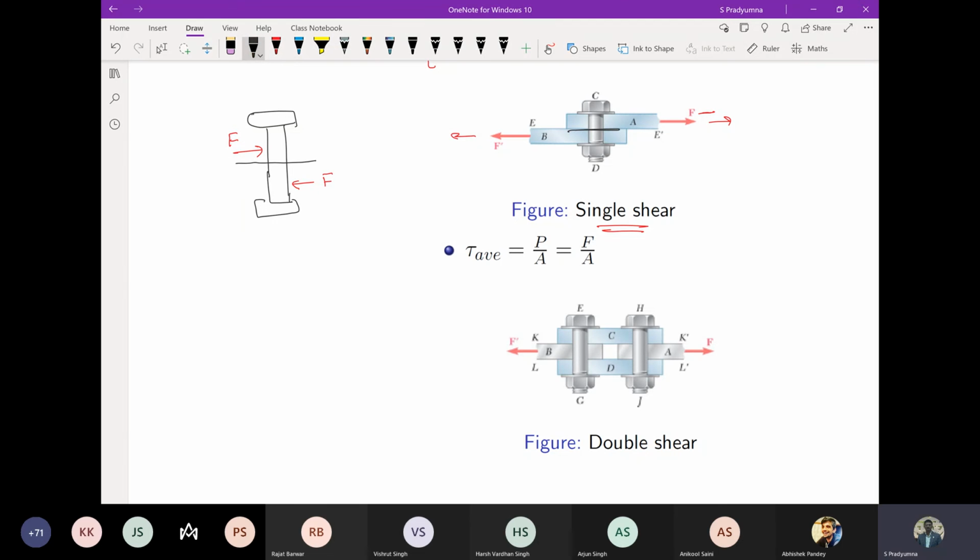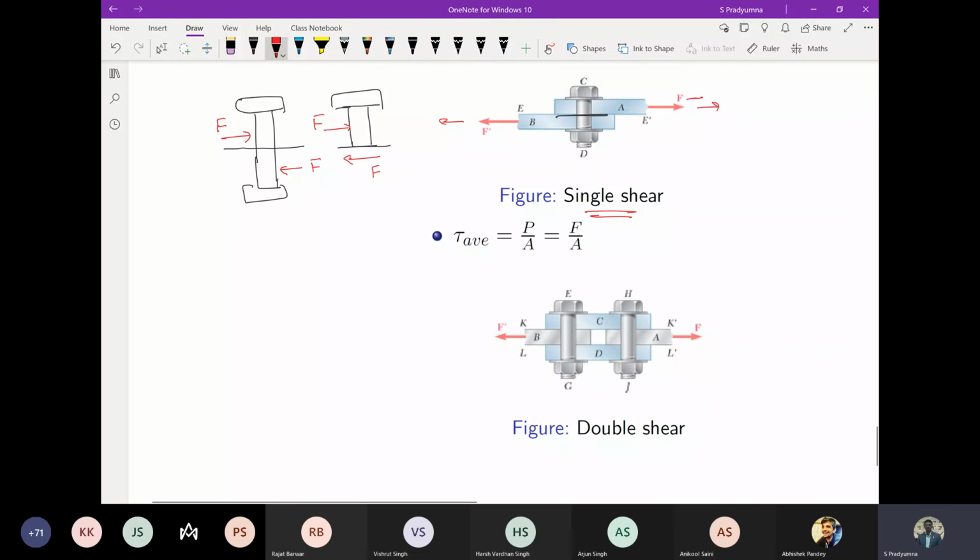Now, if I just cut this section here, this is the cut section I'm considering. I say this is the force acting here, and I consider this is the force F here because it's in equilibrium, right?